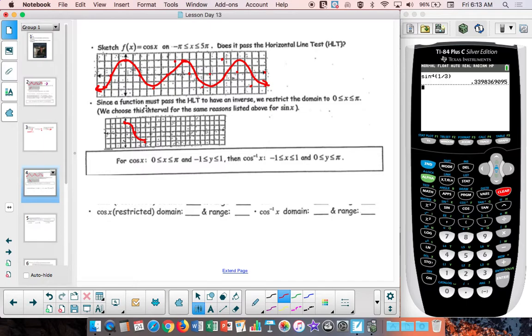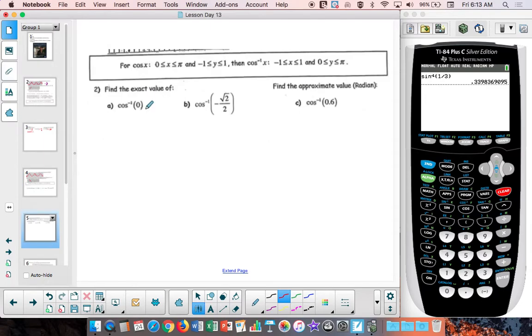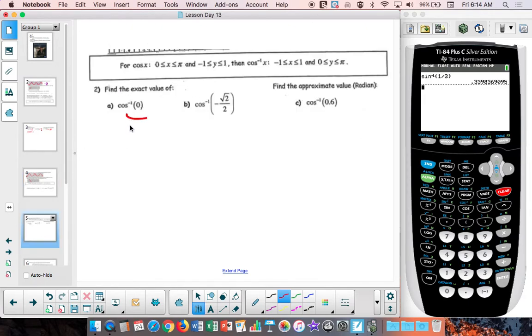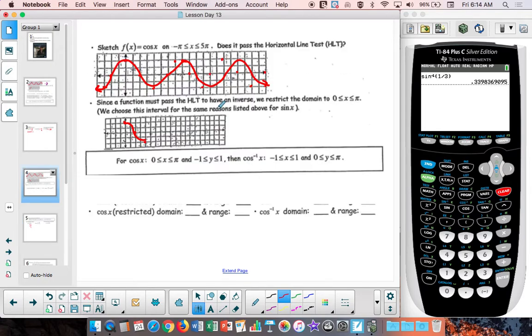So to look at some examples, inverse cosine of 0, if we go here, is pi over 2. Negative root 2 over 2. Now we don't go backwards. It's not negative pi over 4. It's not negative 3 pi over 4. We need to pick a number that's between 0 and pi.